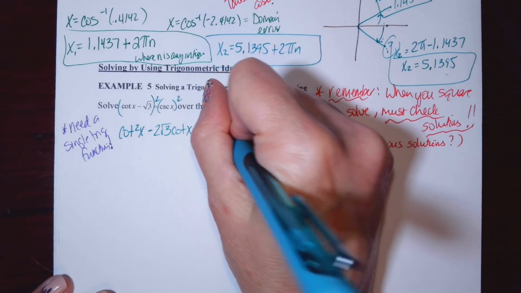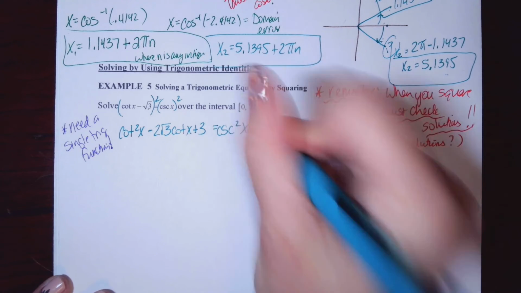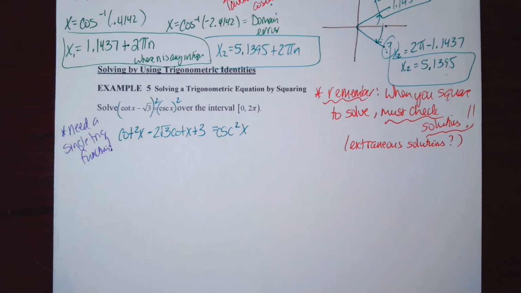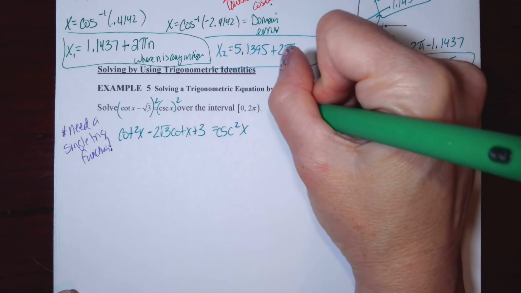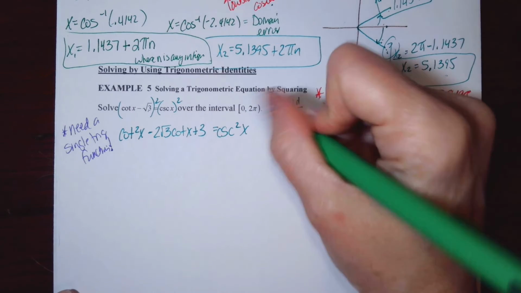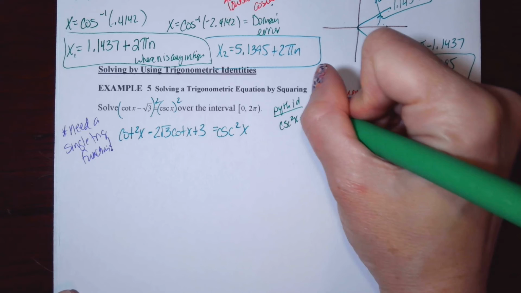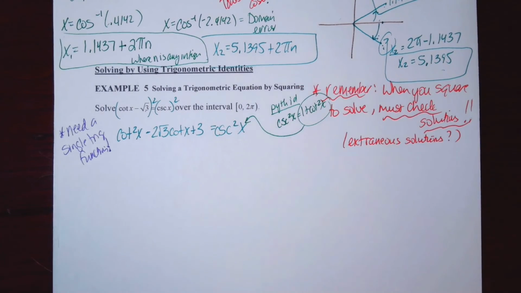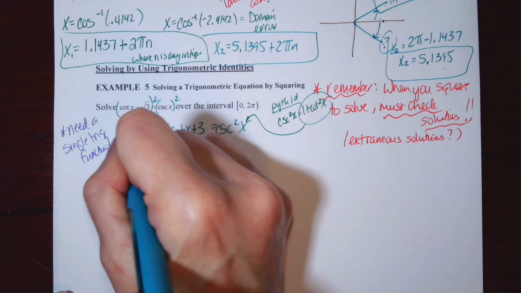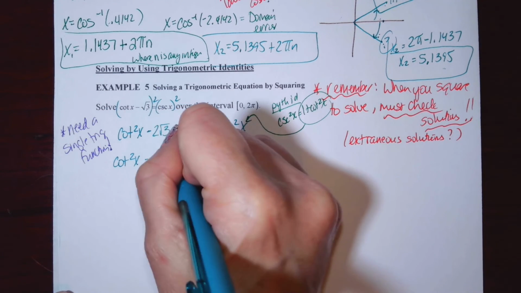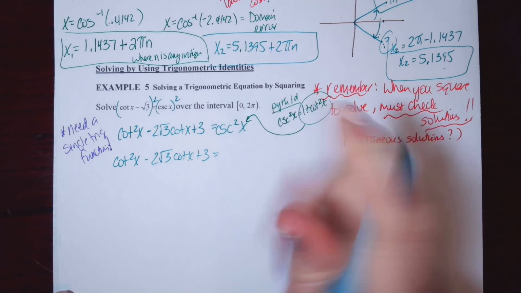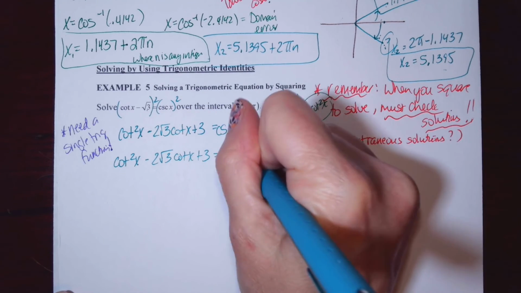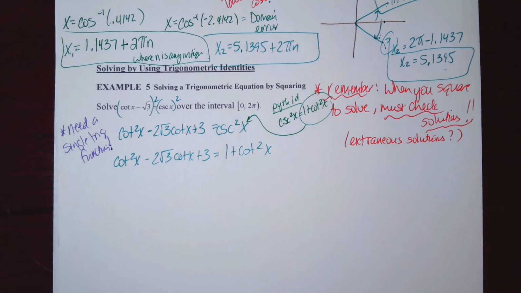The right side is just cosecant squared x. Now my Pythagorean identity was cosecant squared x equals 1 plus cotangent squared x. That's my substitution there. So cotangent squared x minus 2 square root 3 cotangent x plus 3 equals 1 plus cotangent squared x. Now I just have one trig function to deal with.